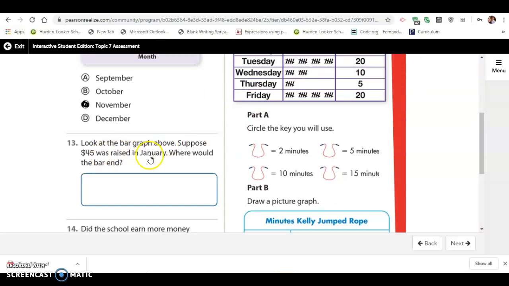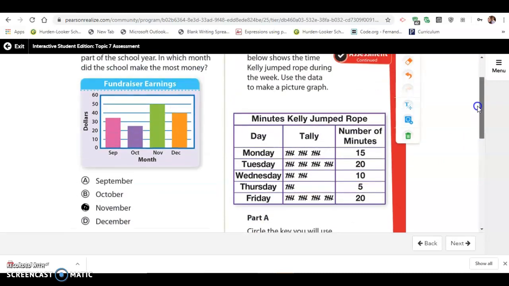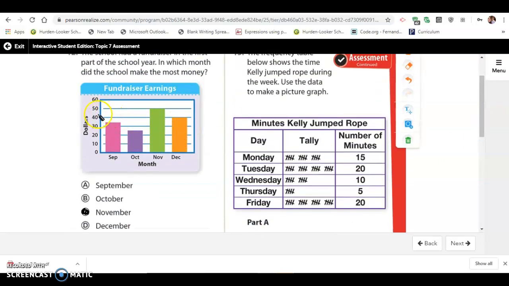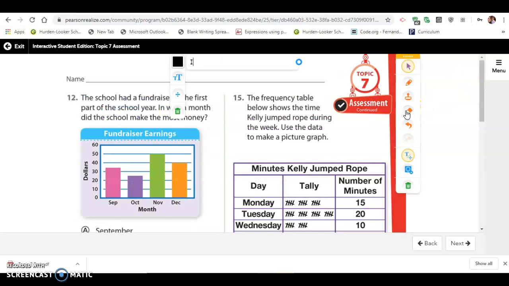Suppose $45 was raised in January. Where would the bar end? So if 45 was raised in January, 45 is between 40 and 50. So the bar would end between 40 and 50.